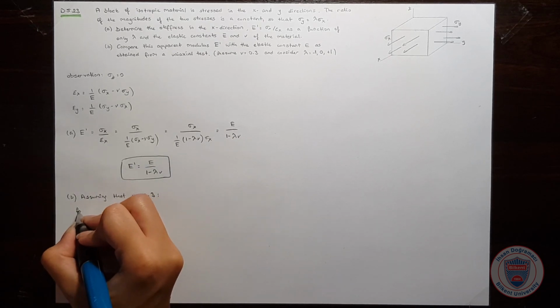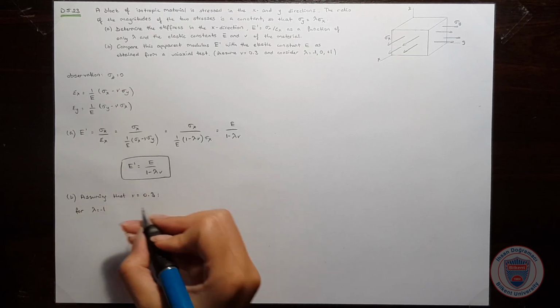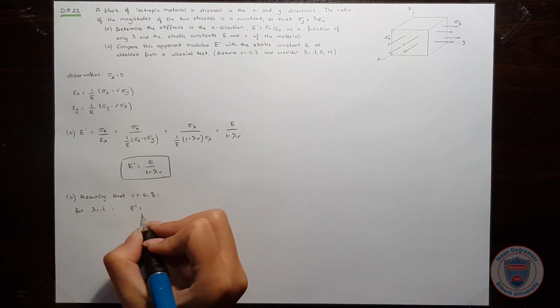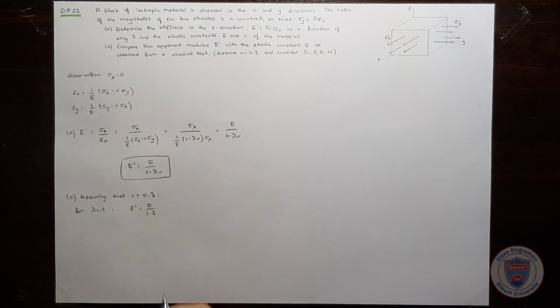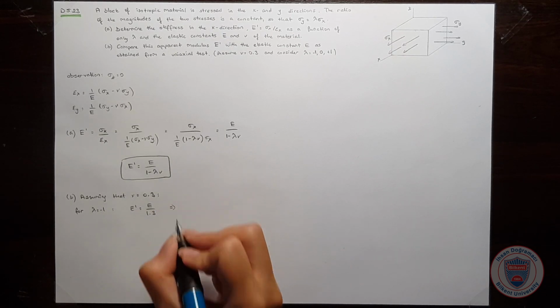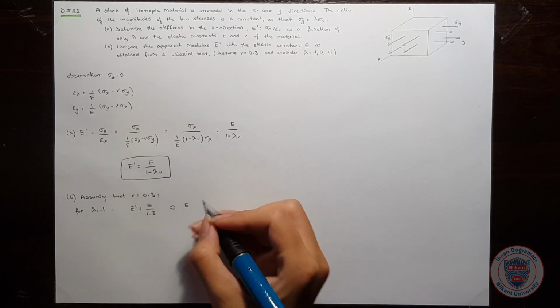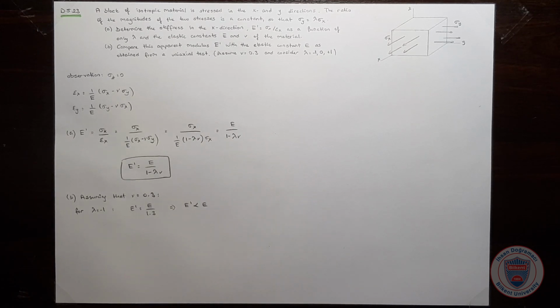For lambda is equal to minus 1, we have E prime is equal to E over 1.3. In this case, we have the stiffness in the x direction smaller than the elastic constant.